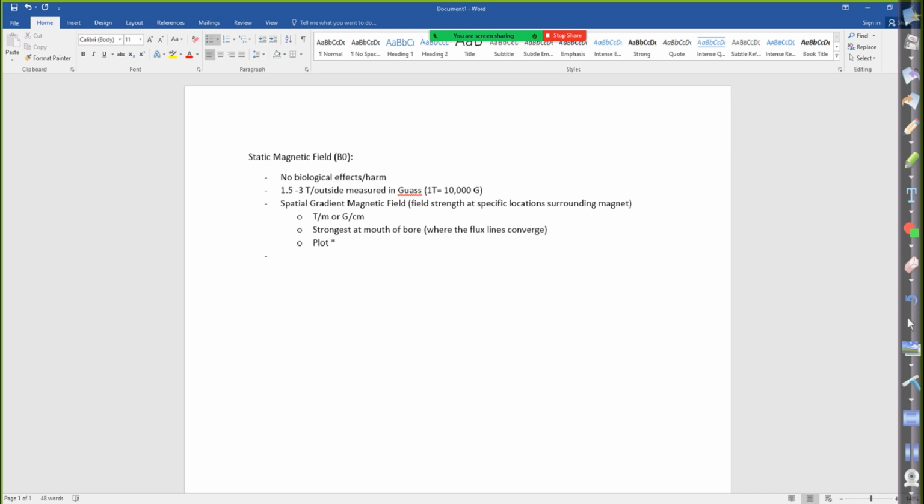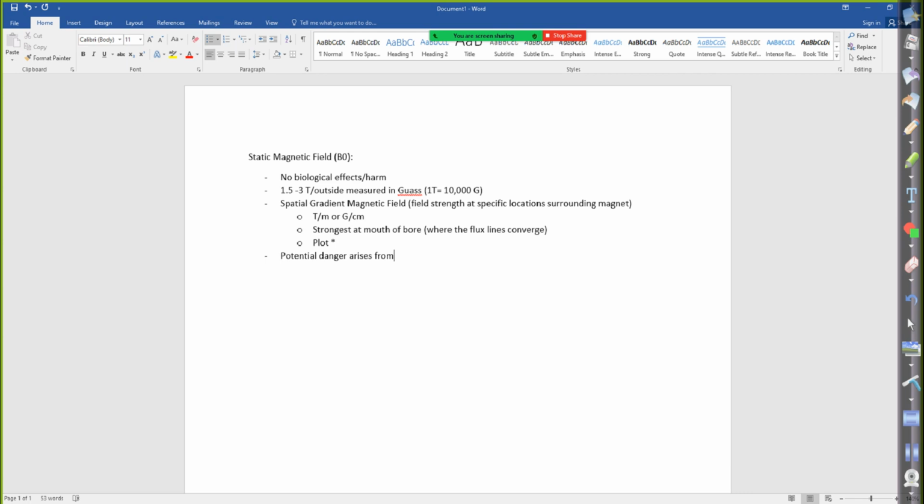All right. So we don't have any biological effects from our static magnetic field, but where does the potential harm come from? Not this field.